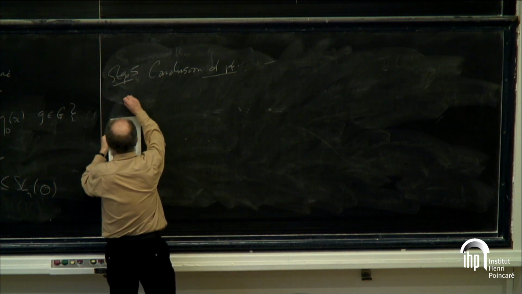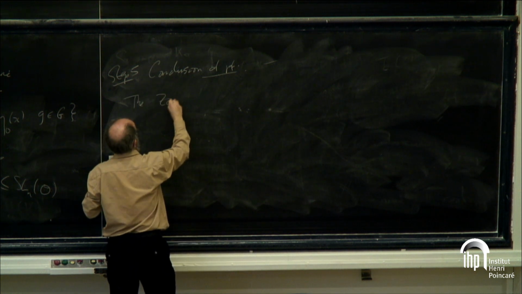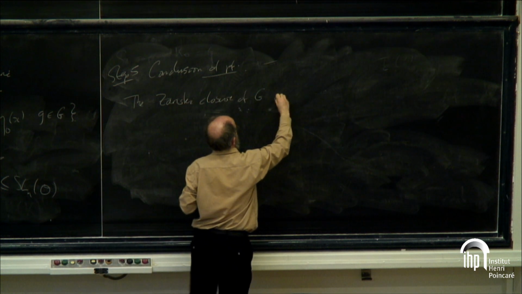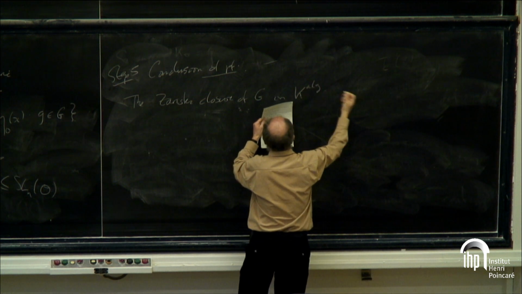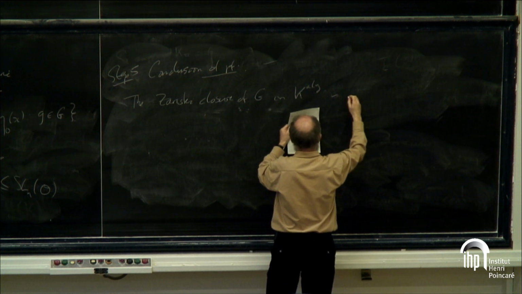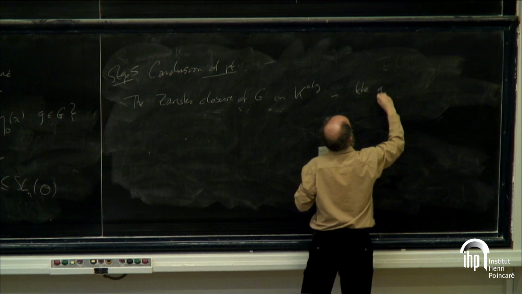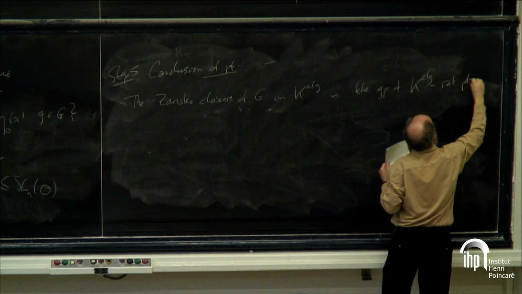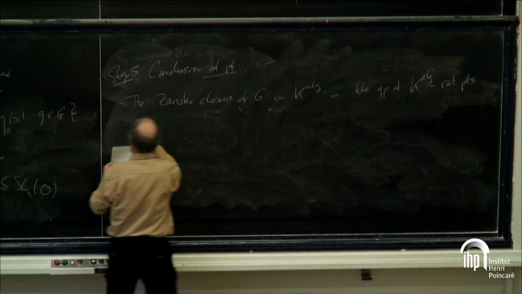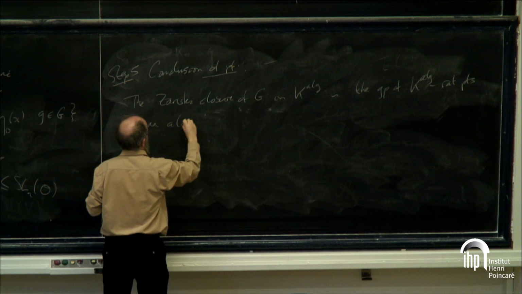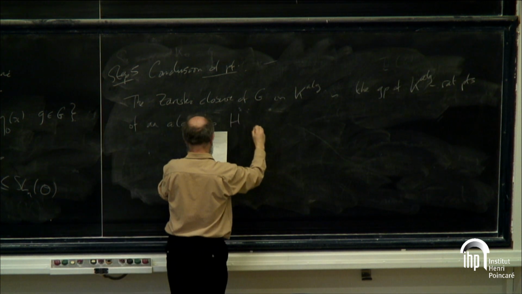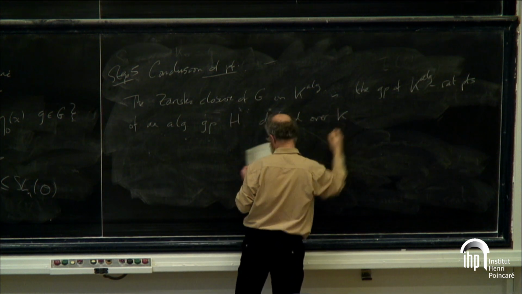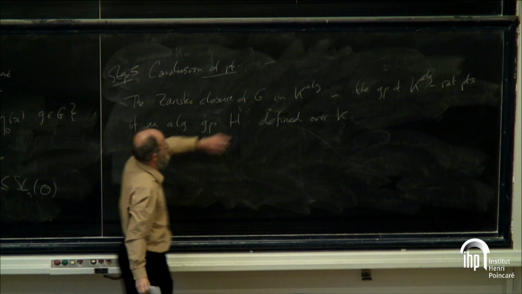So the Zariski closure of G in K-alg is going to be, if you like, the group of K-alg rational points of an algebraic group H defined over K. So this H is supposed to be the H of the theorem.